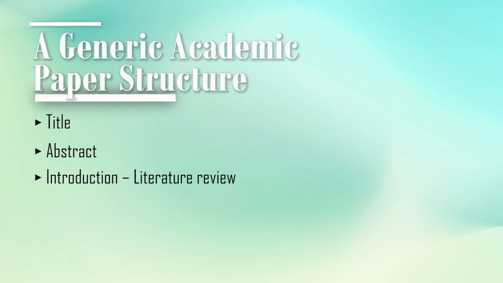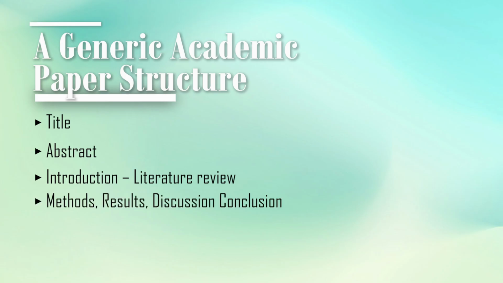In a generic academic paper, the structure must have the following in sequence: title, abstract, introduction, which would have a literature review, methods, results, discussion, conclusion, and finally the references and appendices.